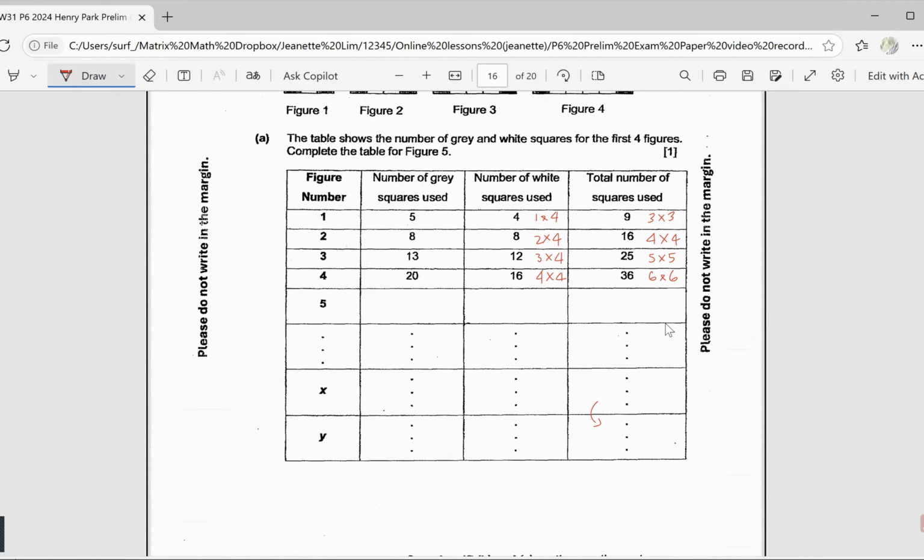So we need to use 497 and figure out the pattern numbers and find the value of Y. Okay, what's the pattern when you increase? Let's look at the increase. This one increases by 7, then by 9, then by 11. The intervals always increase by 2.